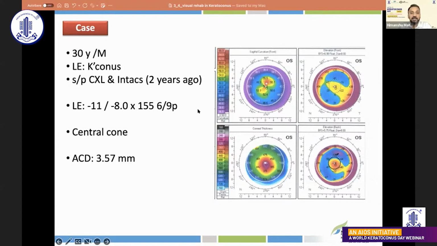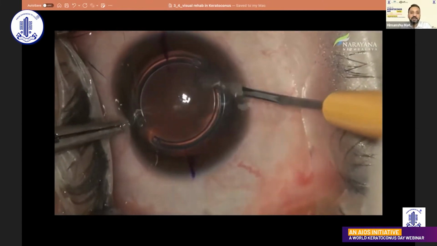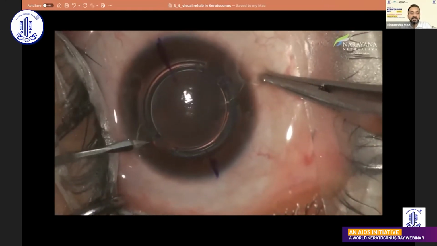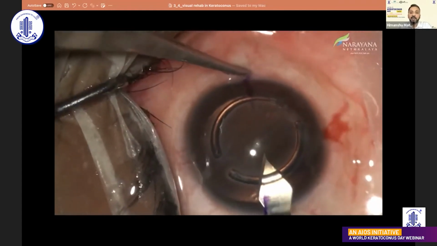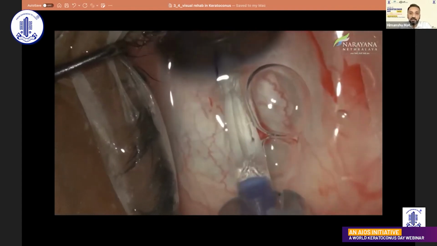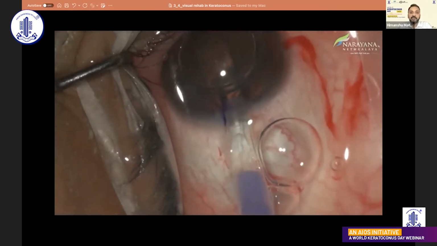Such a case can be quite a decent case for a phakic IOL. And as you can see from here, the surgery is done under topical anesthesia. 2 side ports are made, and under either viscoelastic or irrigation with saline, we can insert a phakic intraocular lens inside the eye.